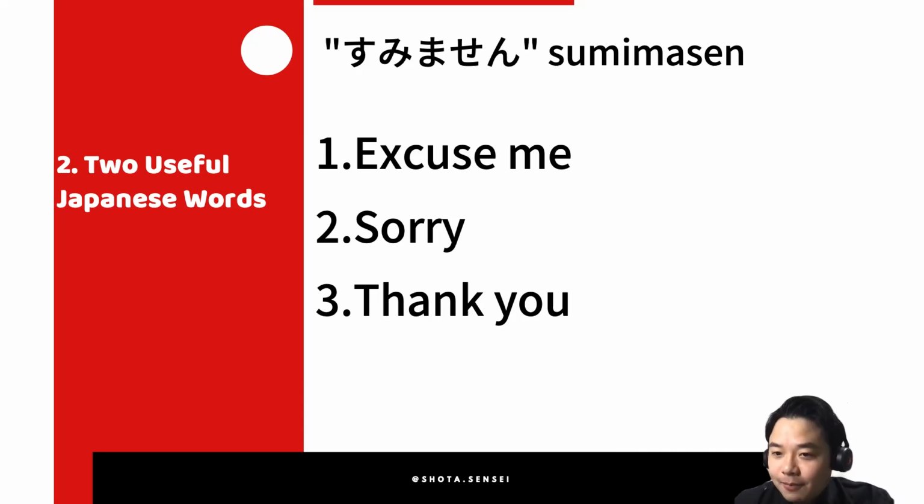Okay, and imagine that one of your colleagues goes to Hawaii and gets back, and then she gives you this omiyage, and then you can say, "Oh, すみません, すみません." It actually means not excuse me or sorry, right? And then what it means is that I'm grateful for that. Thank you, thank you.